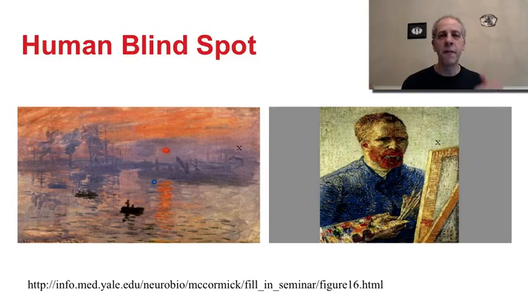So you're forcing your system to not inpaint the region where there are no receptors. If you don't fixate, you see the sun with no problem. The exercise is to try to stop the visual system from doing inpainting.